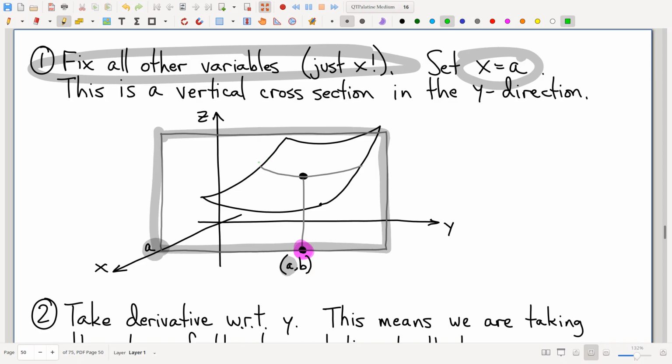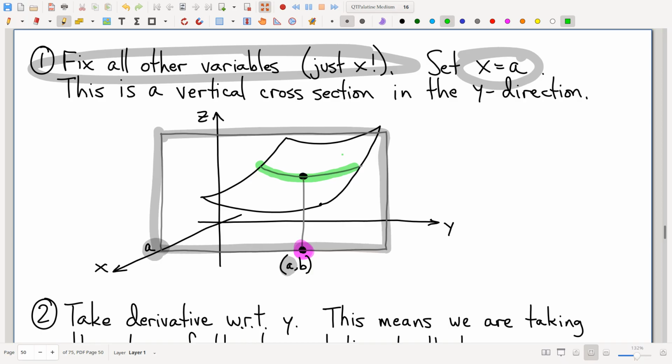Now what do I get? Well, I'm going to get a curve like that, and I claim this curve has a nice property. I claim that this curve is the graph of my new single variable function. And let's think about what that new single variable function is. I interpret this as being a function of only y, and taking a graph of that function would mean I want height to tell me the value of the function, with y being represented horizontally as the input.